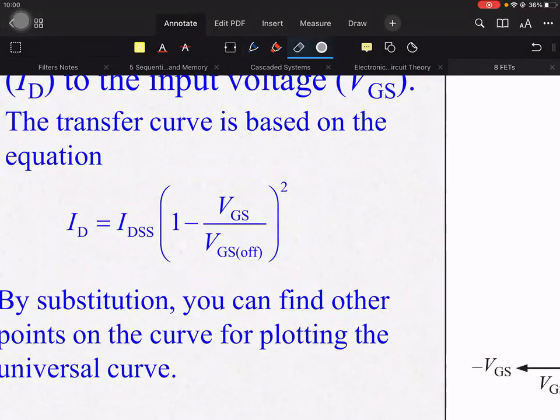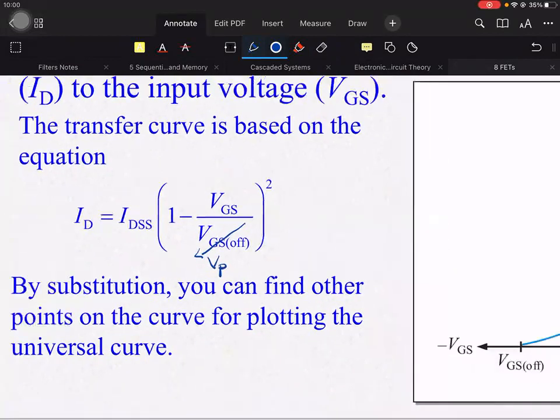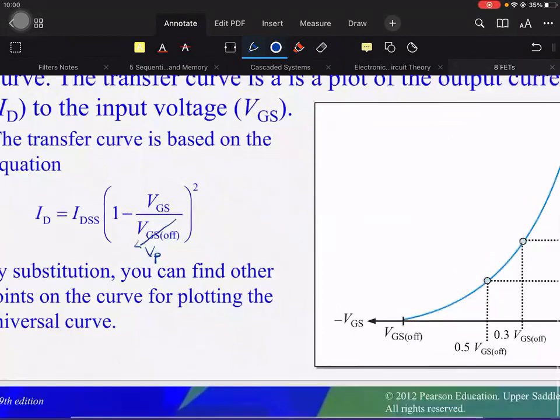VGS and VP are the same. So this is called the Shockley equation, developed by, I think, William Shockley, together with his team. Shockley equation.